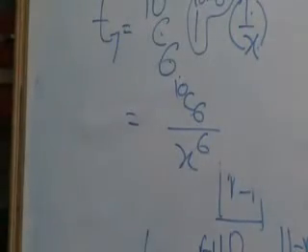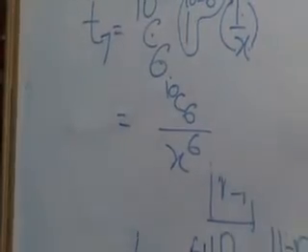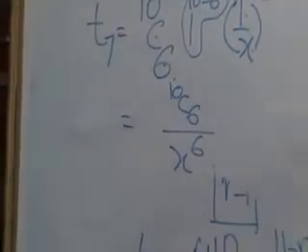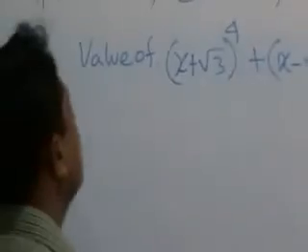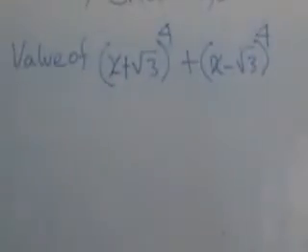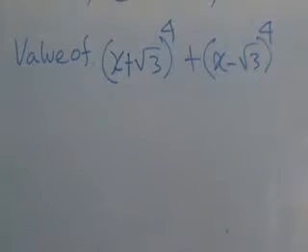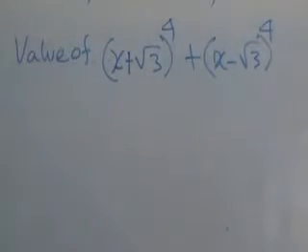So can we quickly expand these terms? X plus root 3 to the power 4 and x minus root 3 to the power 4. But we know already for 4 I may not even use NCR, because I know that for a plus b whole cube I have 1, 3, 3, 1. You already know this? Yes.